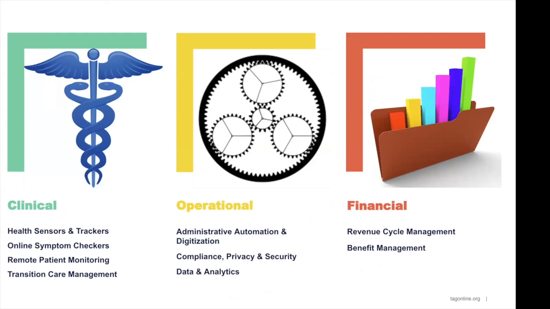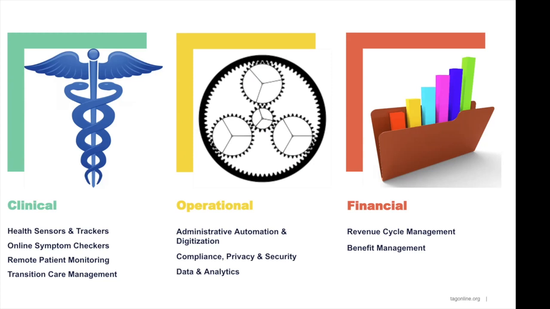So if you think about clinical, operational, and financial, most solutions fit into those categories. Some cross the boundaries, and we could have big debates about what fits where. But for instance, your health sensors and trackers are generally going to be clinical. They're dealing with the actual health information. Your remote patient monitoring, I'll talk a little bit more about that one.